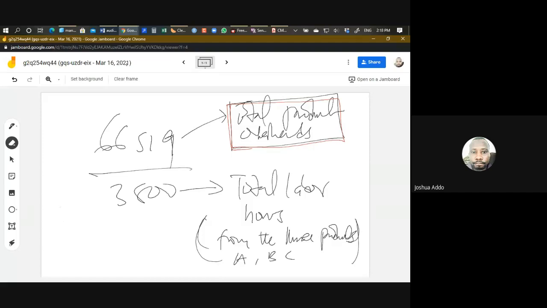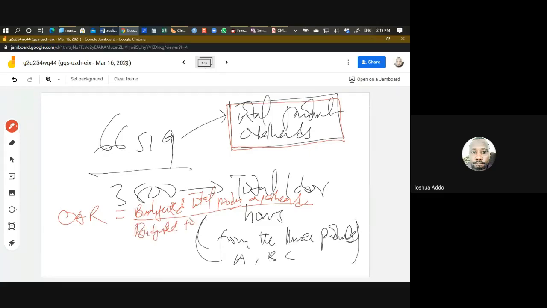So the true formula for the overhead absorption rate, OAR, is equal to budgeted total production overheads, and I've explained why it will be budgeted, divided by, and budget goes with budget, budgeted total basis.